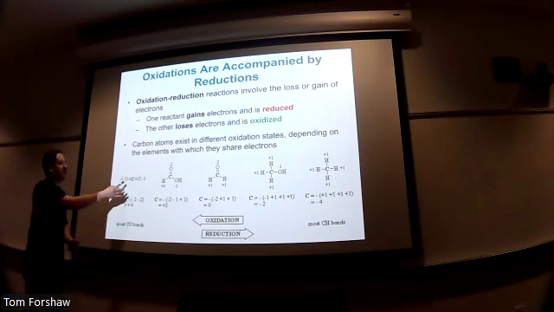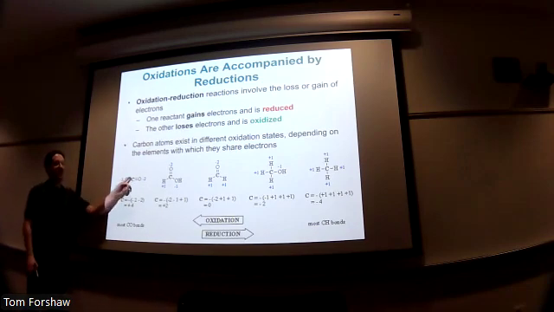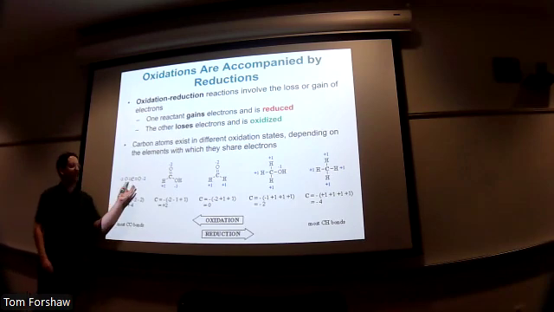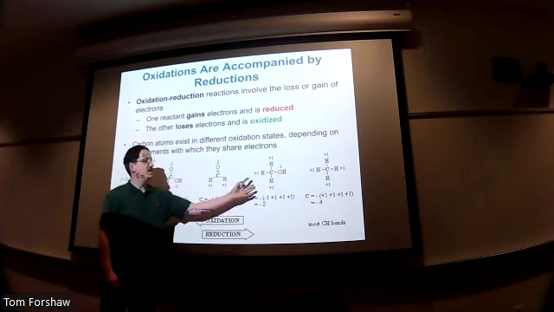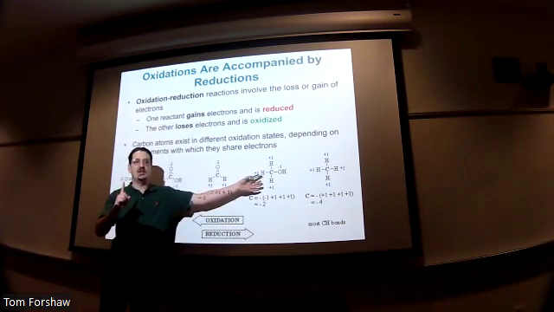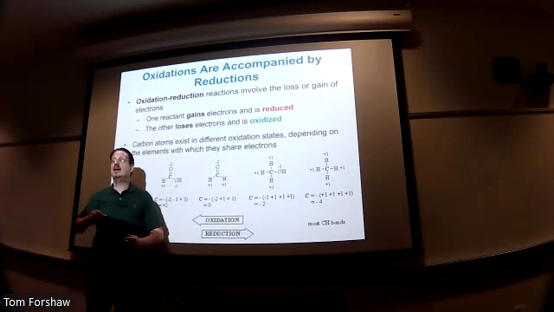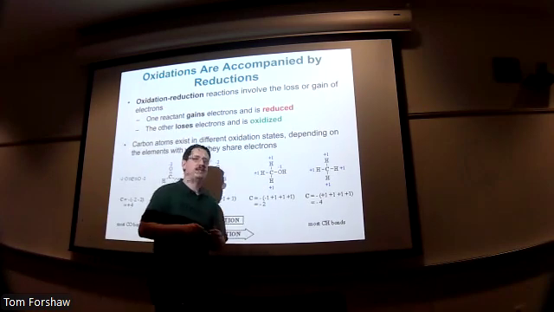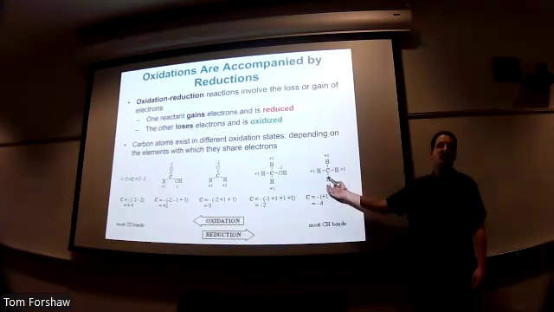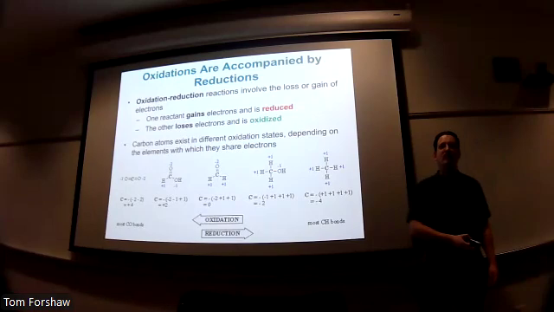So if we were to look at the carbon dioxide, this carbon is double bound to two oxygens. So it's highly oxidized. Whereas if we move across this way, this carbon has only got a single bond to an oxygen. So it is less oxidized, it is more reduced. But this carbon has got no oxygen on it, so it's reduced even more.